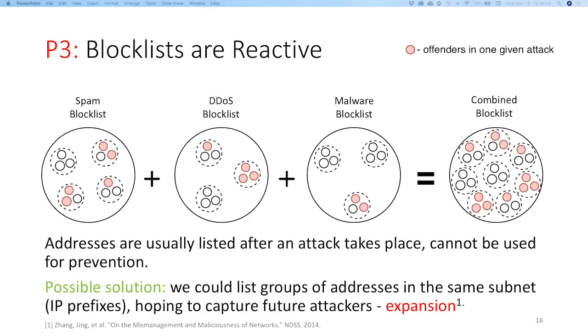The third problem is that blocklists are often reactive because they list IP addresses. Now, it is also known that poorly managed networks harbor more malicious activities than well-managed networks. So if you were to represent the IP addresses in terms of an IP prefix, say the /24 representation of an IP address, we could potentially capture more attackers who are harboring within the same network.